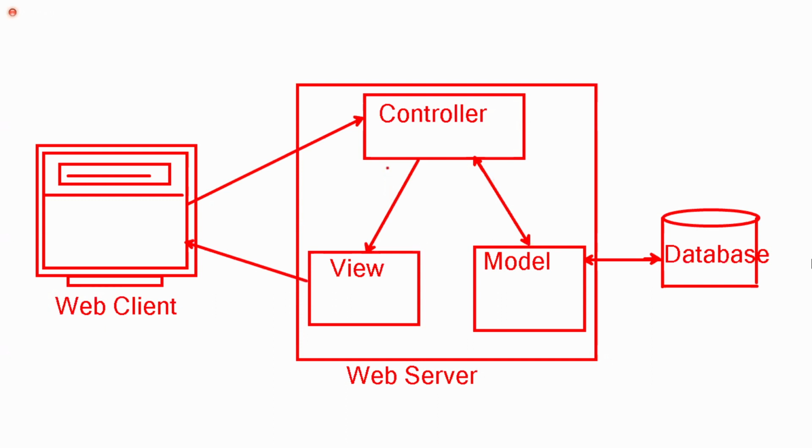So here, the controller is nothing but Servlet. Model is nothing but Java Bean. View is nothing but JSP. Like this we'll use. This is called MVC architecture. Note down MVC architecture.